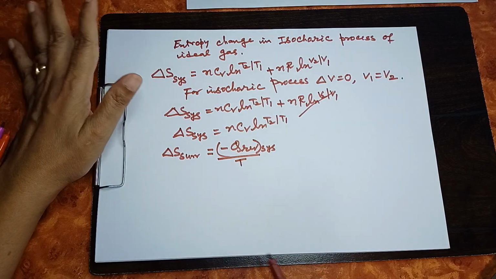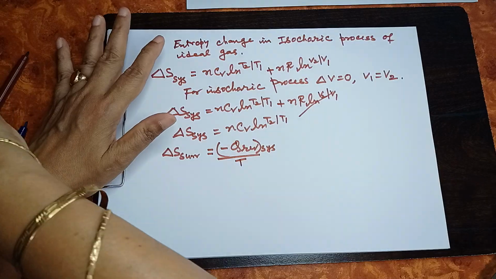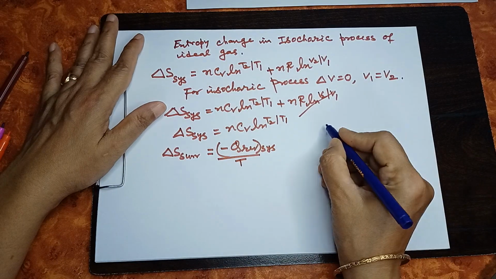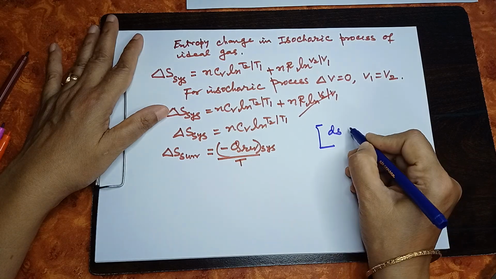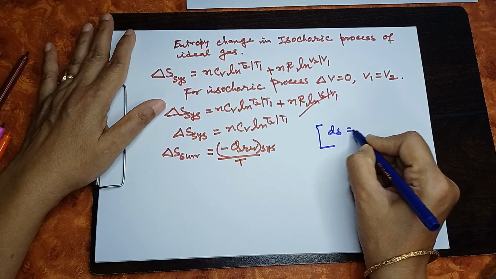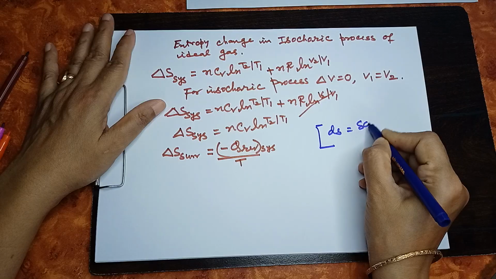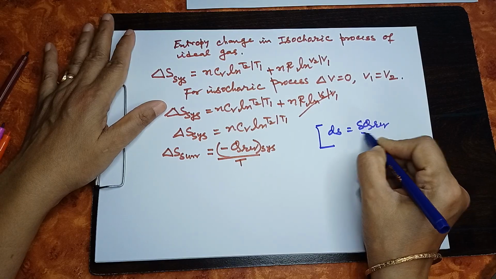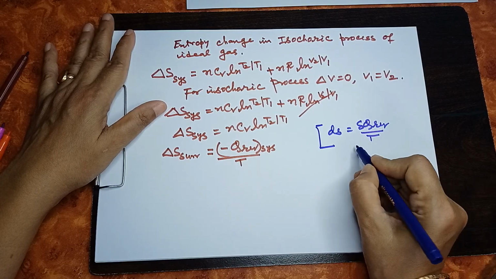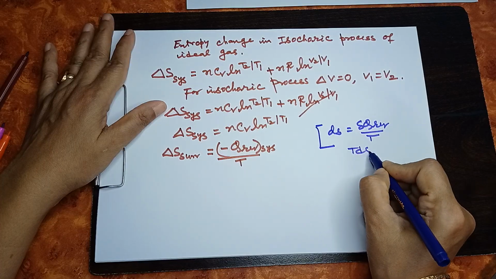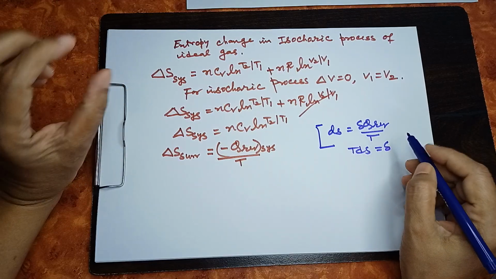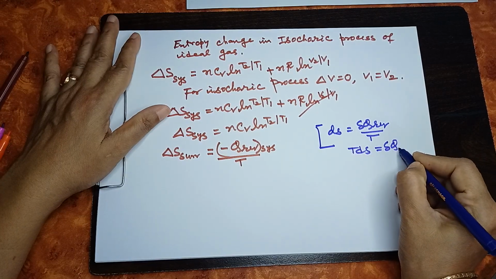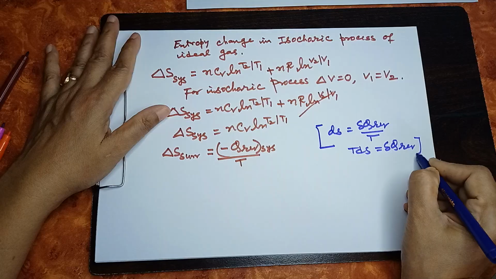Now we know that dS is equal to del Q reversible by T. So TdS is equal to del Q, and del Q means a small amount of heat absorbed, del Q reversible.